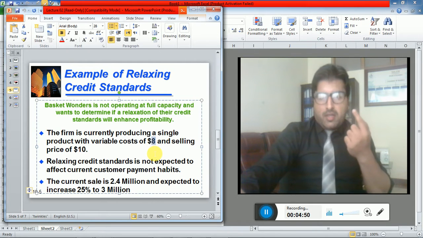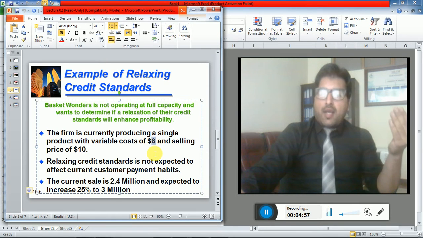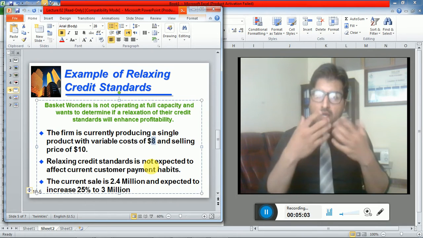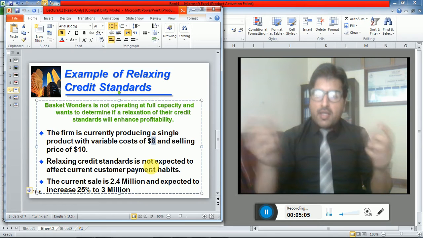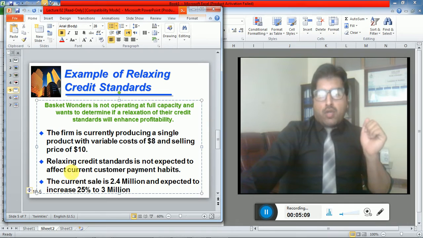Only the variable cost counts here, not the fixed cost, so whenever they increase the quantity, the variable cost per unit is $8. Relaxing credit standards is not expected to affect current customer payment habits.